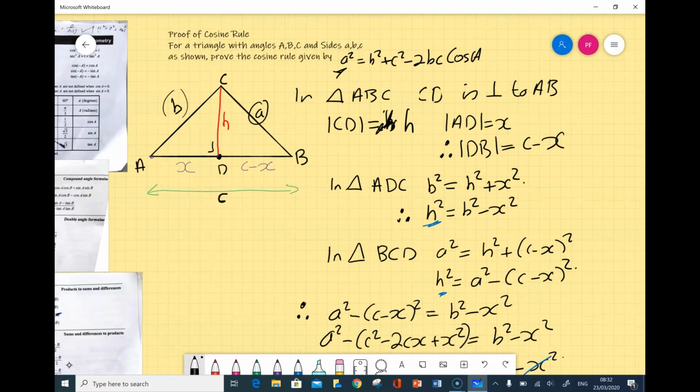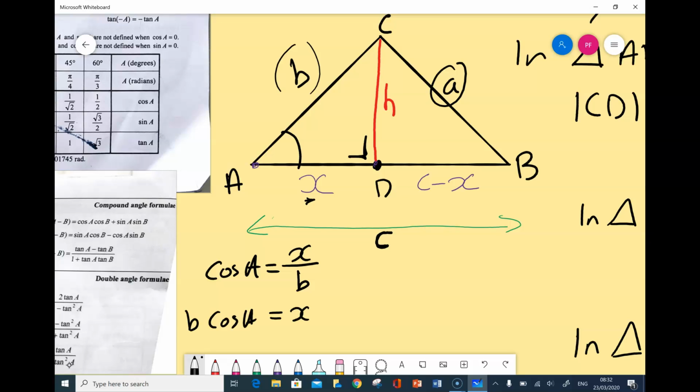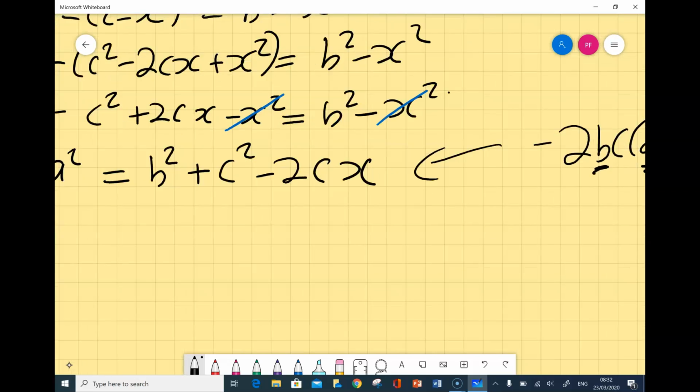So let's look at angle A. Angle A is in this right-angled triangle. Cos is adjacent, which is x, over hypotenuse, which is b. So x is equal to b cos A, and I can swap out x for b cos A. Make sure you note that down.